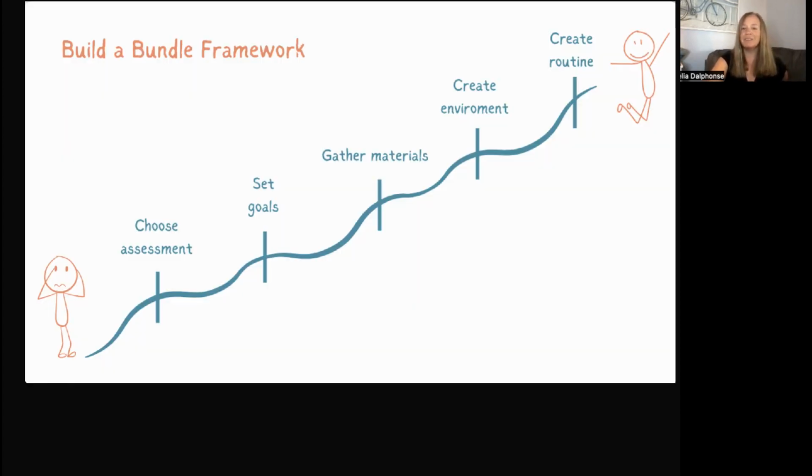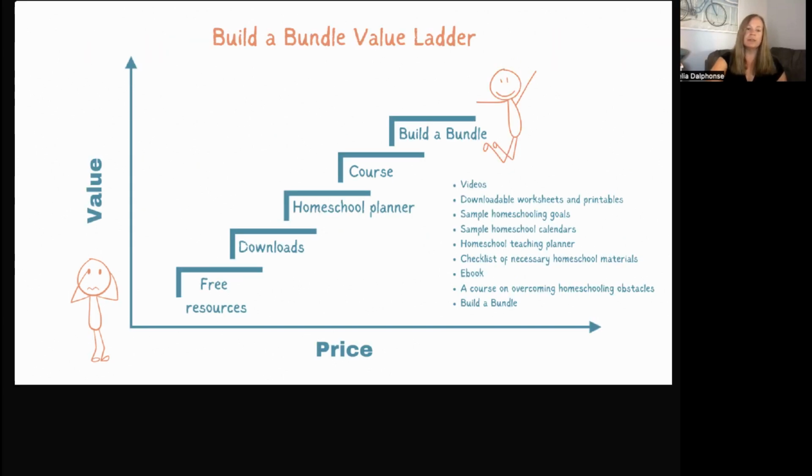So the framework that I might create for this is to choose an assessment, because the parents are going to still need to conduct some sort of assessment, a skills assessment. They should set goals. They'll need to gather materials. They'll have to create the learning environment, and they'll have to create an academic learning routine. So for this, we might include different products that include videos, some downloadable worksheets and printables, sample homeschooling goals, sample homeschool calendars, homeschool teaching planner.